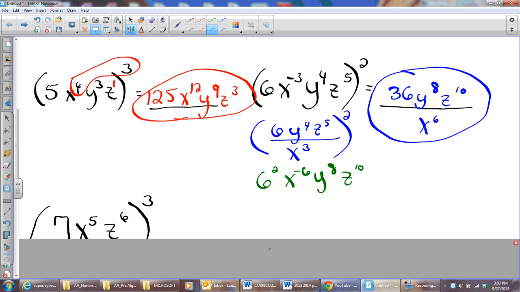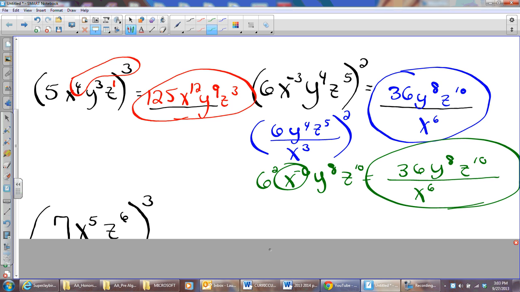Yes, and when I give a better answer, because I don't like negative exponents in my answer, 6 squared is 36. I need the reciprocal of him. He goes downstairs, becomes positive, y to the 8th, and z to the 10th. And look, I get the same exact answer.